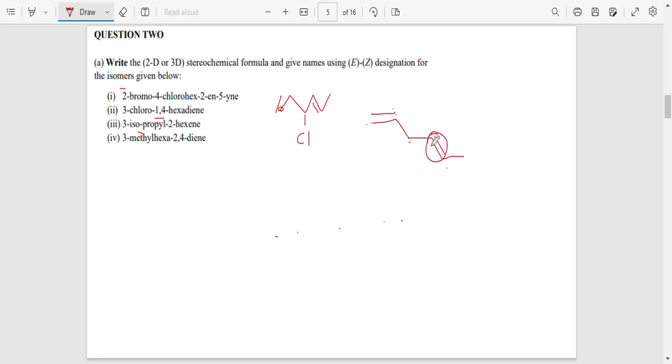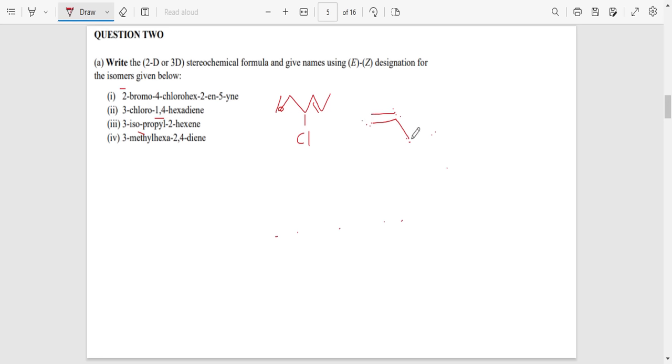Now for here where I'm getting the double bond, let me write it straight. Can I just change this one so that I can have it like this? Okay, just the same way I wrote it, it's okay.